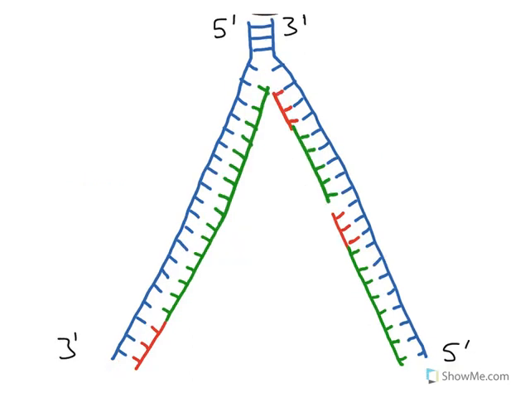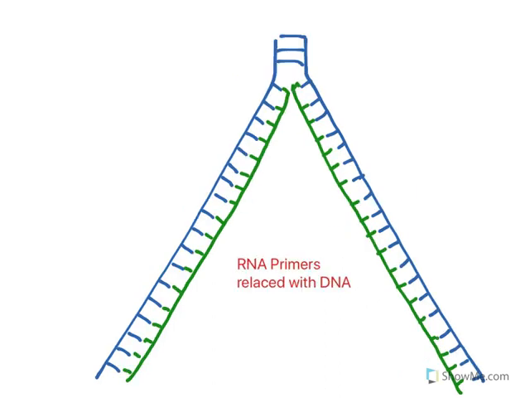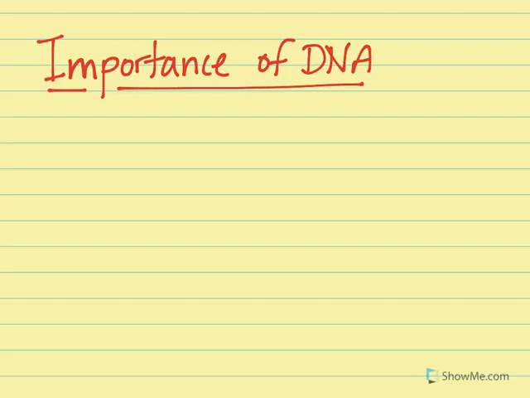Towards the end of replication, these sections of lagging strand are finally joined together by an enzyme called ligase, which stitches the gaps between those different fragments by forming strong chemical bonds between those nucleotides. Finally, the RNA primers are then replaced with DNA, and the process of replication is complete.